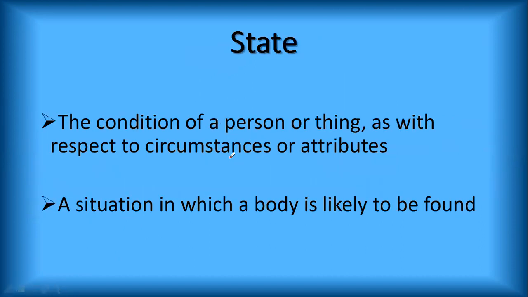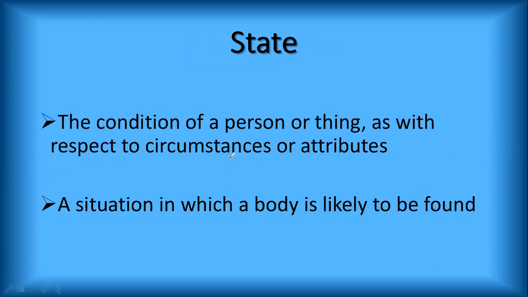Now, after this, we will go into detail of state. State is what? The condition of a person or thing with respect to circumstances or attributes. A situation in which a body is likely to be found. For example, if you look at your surrounding, you will see different objects.